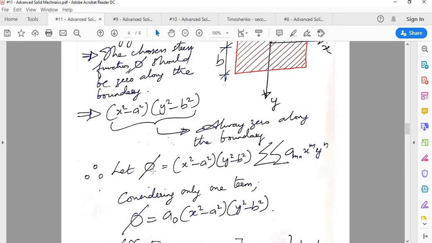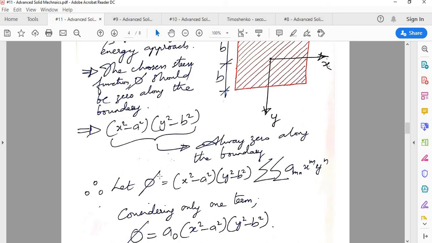Okay. So let us take the stress function in the following form. This particular expression, which is always 0 on the boundary, into a double summation of a constant a_mn x raised to m y raised to n. Okay, where m and n are individual summations, it can go up to a large number of terms.